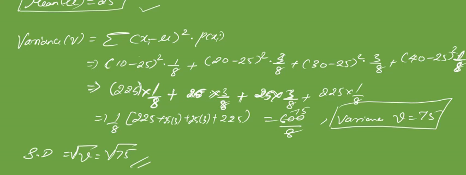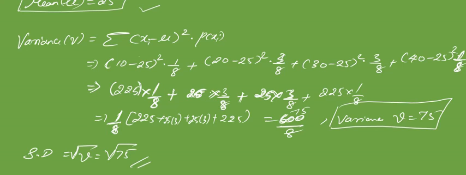Plus 40 minus 25 is positive 15, 15 square is 225. So what you have to do, you can see 1 by 8 is common. You can take 1 by 8 as common outside. Add up all the terms, 225 plus 25 into 3 plus 25 into 3 plus 225. So total sum is 600 divided by 8. So when you cancel it, it must be equal to 75.